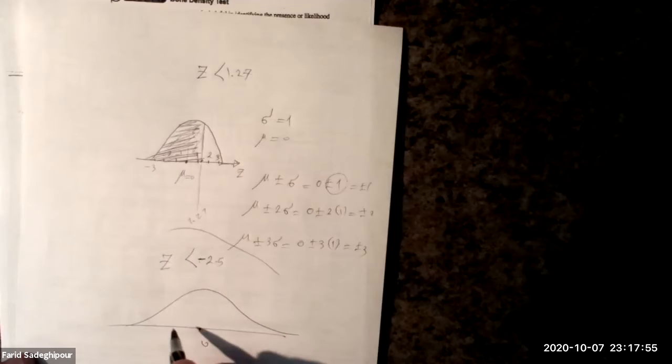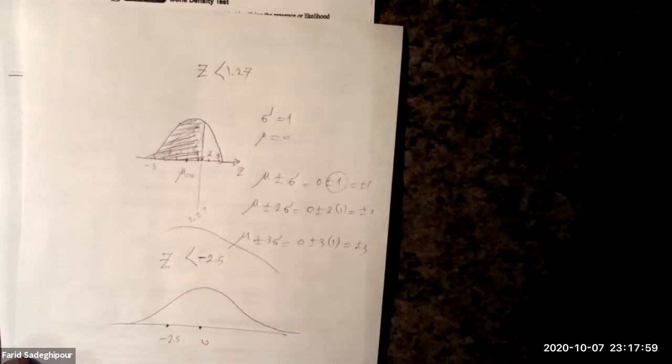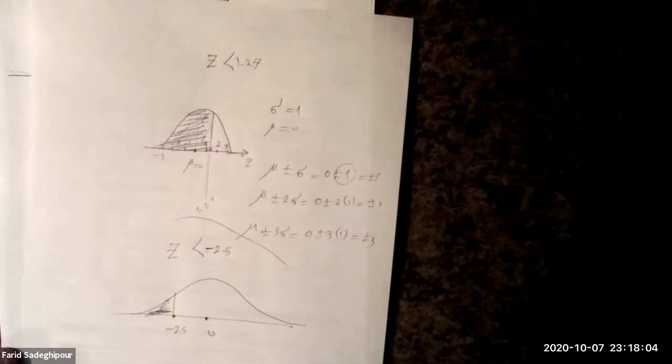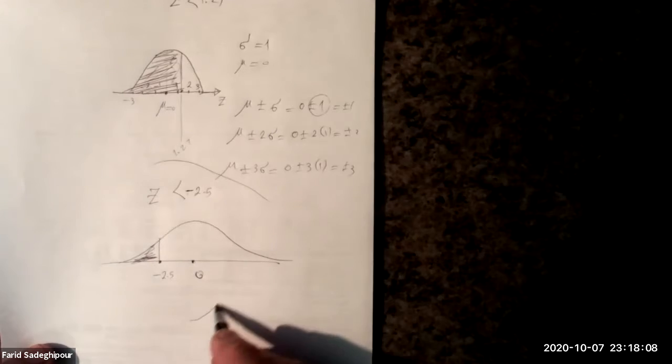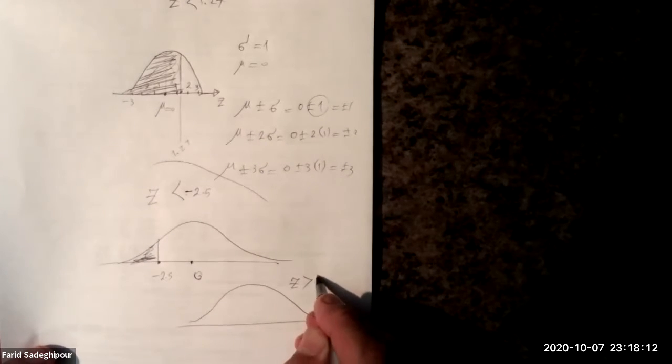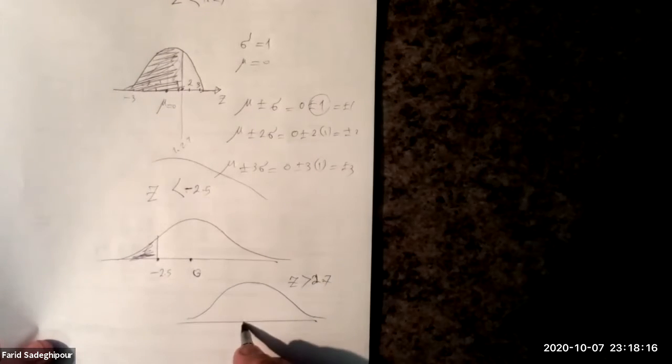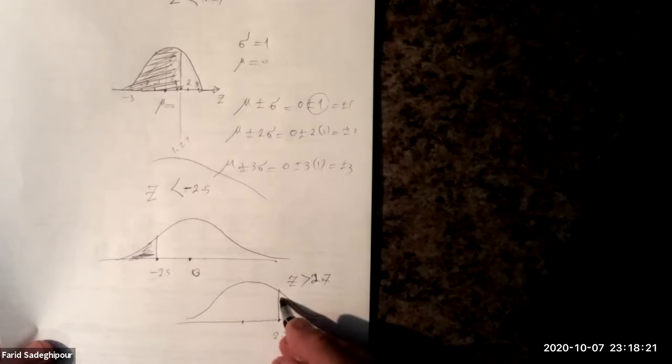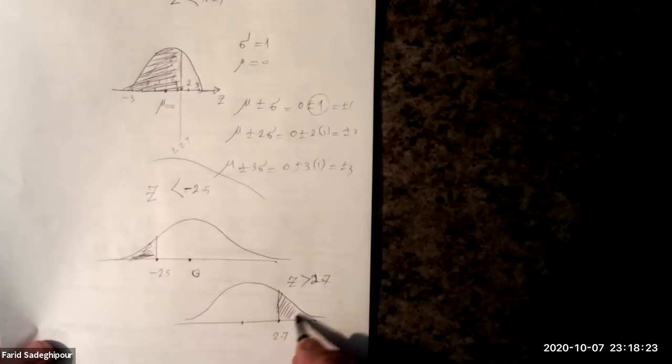Let's say minus 2.5 is here, roughly. They want us to find this area. Or let's say they want us to find Z greater than 2.7. So let's say 2.7 is here somewhere. Greater than that means they want us to find this area.